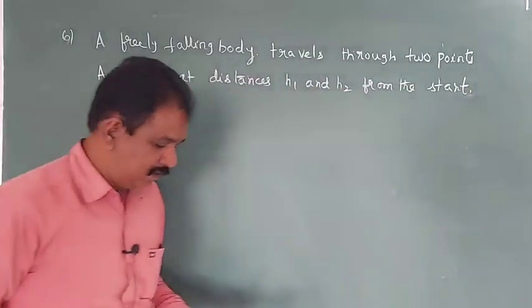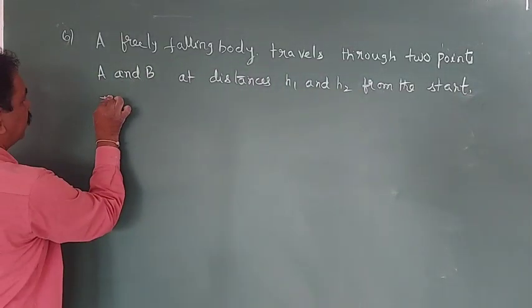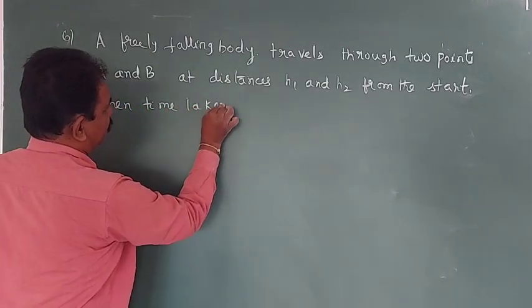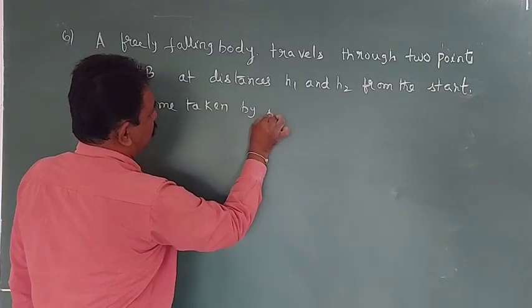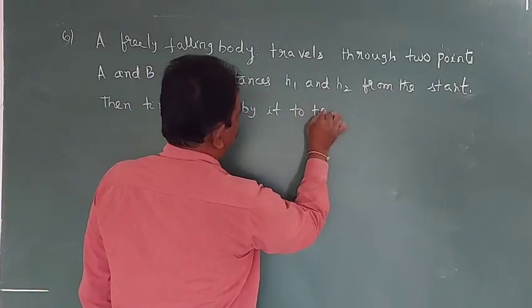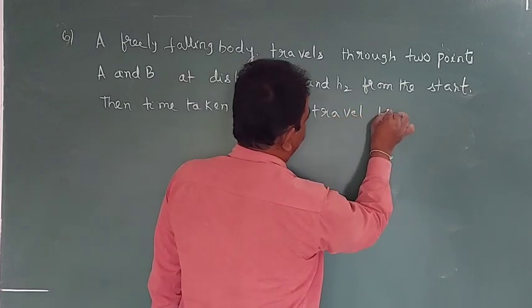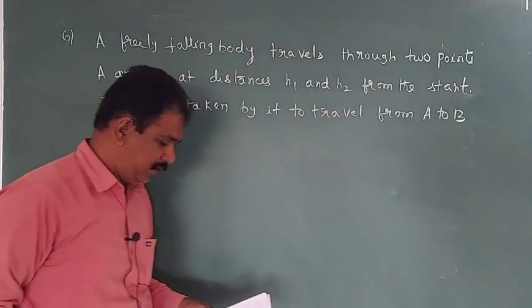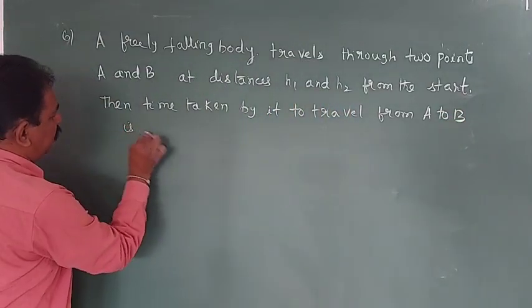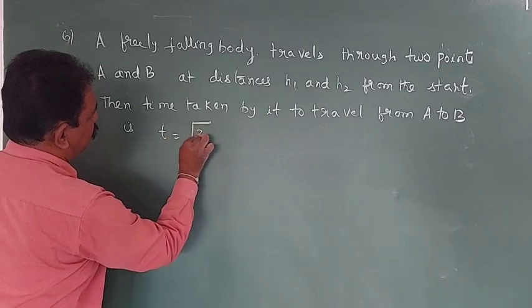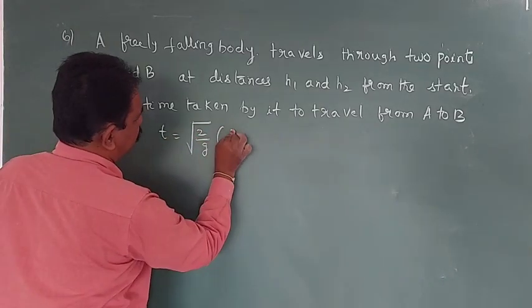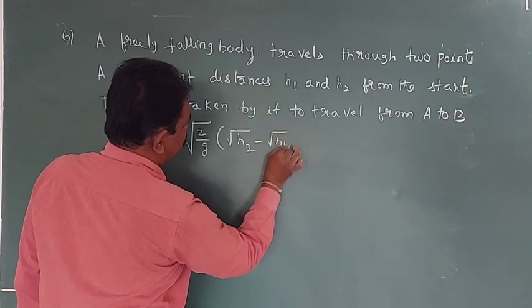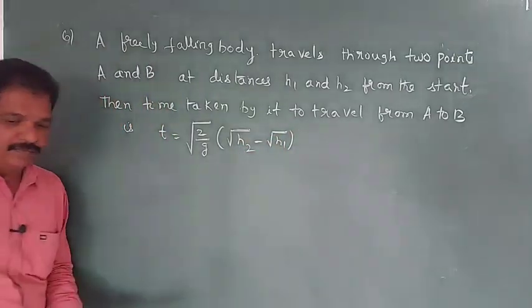Then the time taken by it to travel from A to B is T equals root of 2 by G into (root H2 minus root H1). This is the formula.